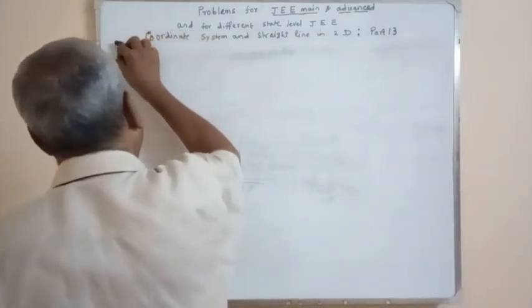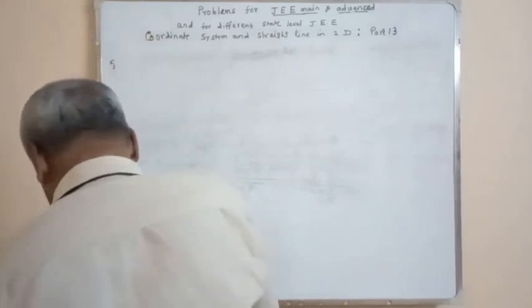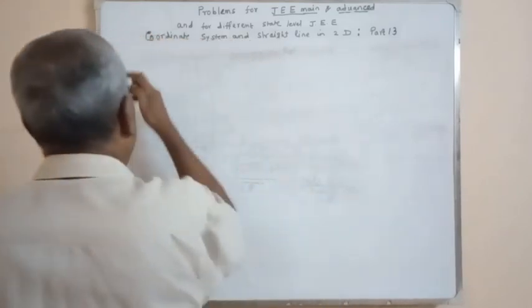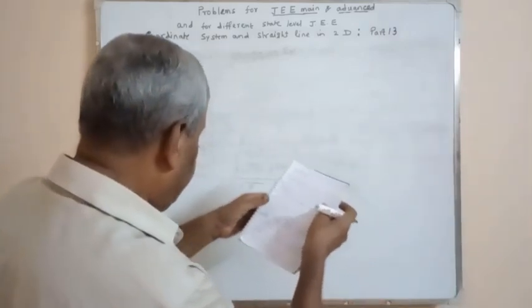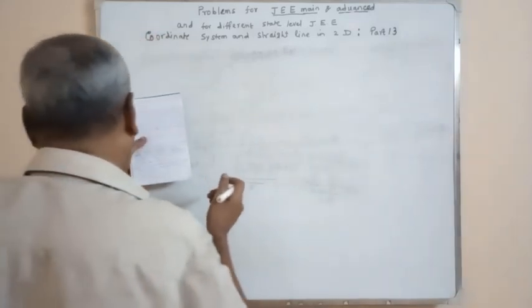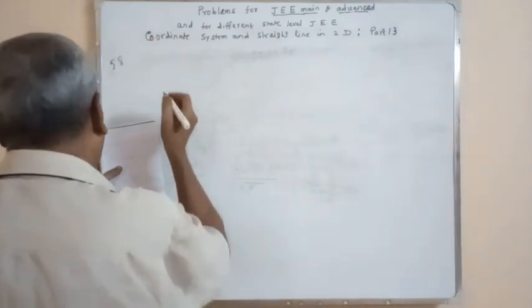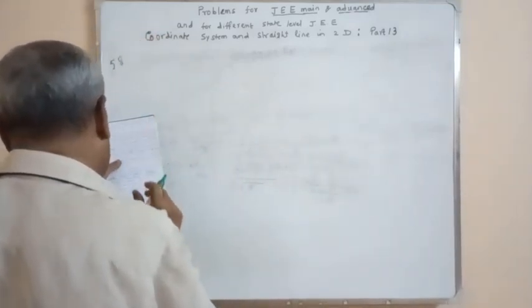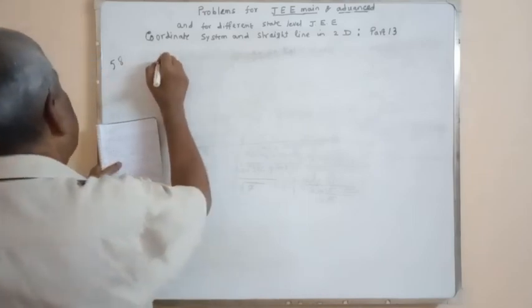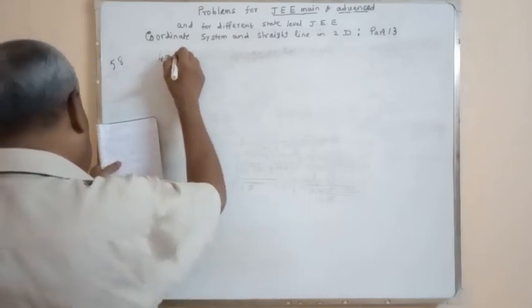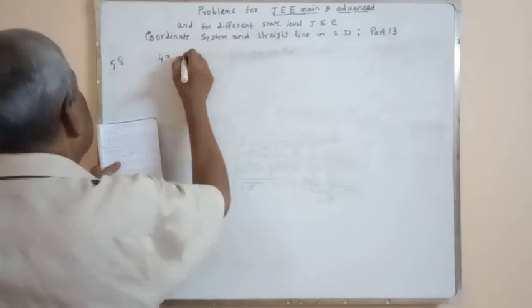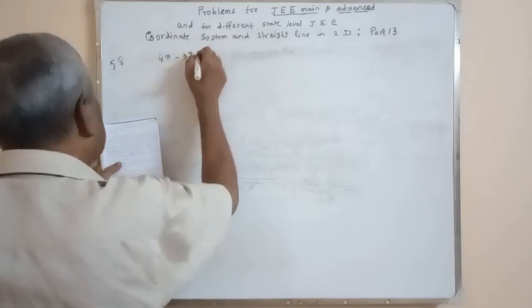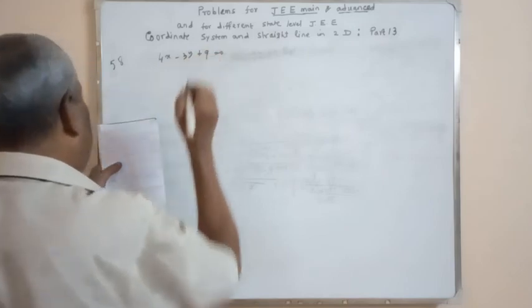Problem number 58. Equation of one side of an equilateral triangle is 4x minus 3y plus 9 is equal to 0.